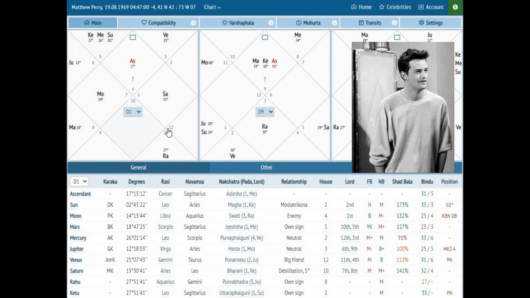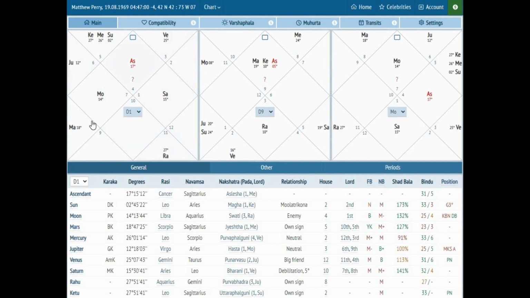Before I start, I would like to tell a little bit more about this card, because this is the basic card, D1, the basic chart. You can also call it Rashi in Vedic terminology. Also you have D9 and the Moon card.